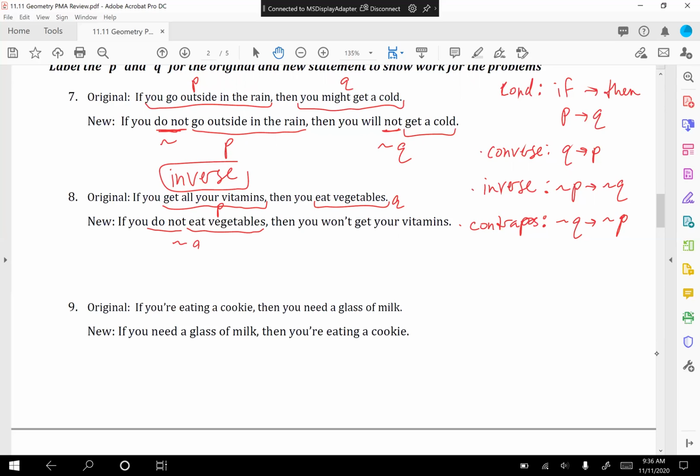But it's not Q because it's the inverse, yes? Then what? You won't get your vitamins. It kind of matches with P, but it's the not of it, right? It's the negation of it, so not P. So is this converse, inverse, or contrapositive? Yeah, the contrapositive, good.